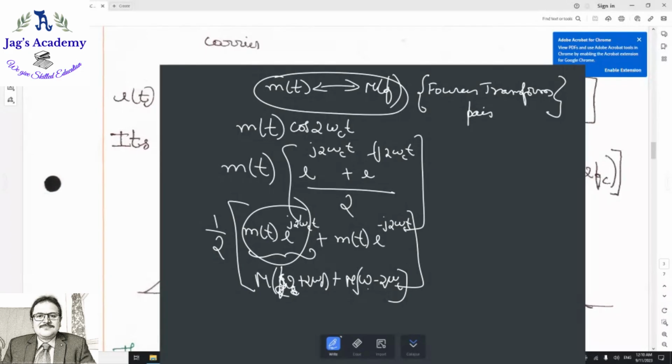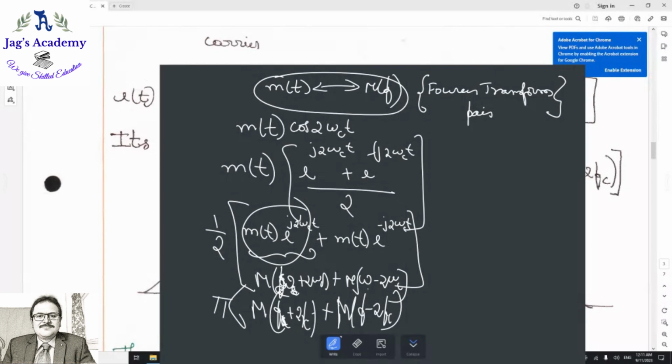The exponential term you are going to get. You can either put it in terms of f, as m of f plus 2 fc plus m of f minus 2 fc. You can put it in this form also, it doesn't matter, provided a 2 pi will come in somewhere.